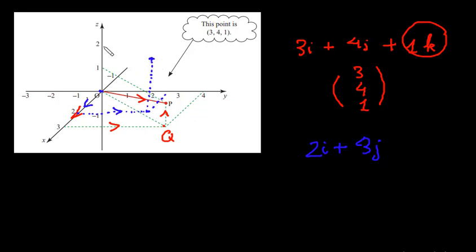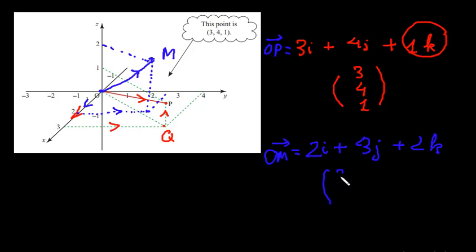Move 2 more, so I have 2k, and it represents the vector OM. So OM equals 2i plus 3j plus 2k, and it can be represented in this form: 2, 3, and 2. That's how we can look at vectors in 3 dimensions.